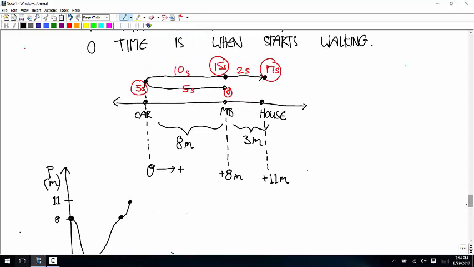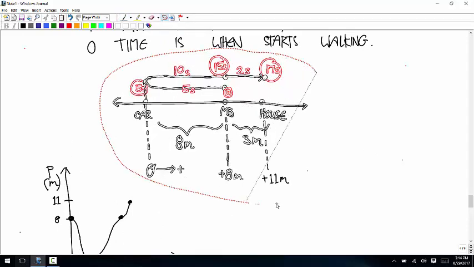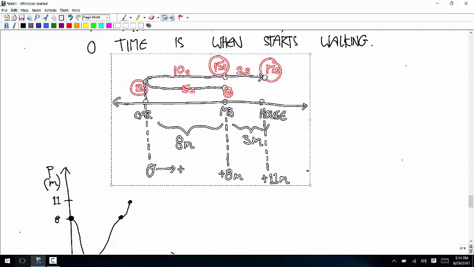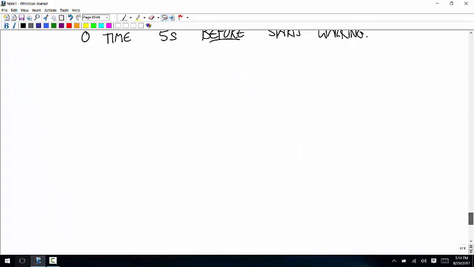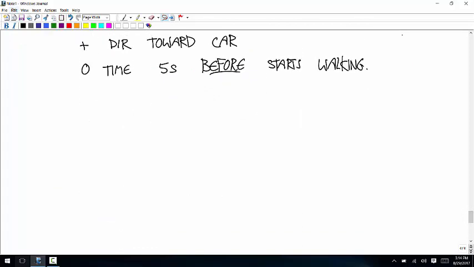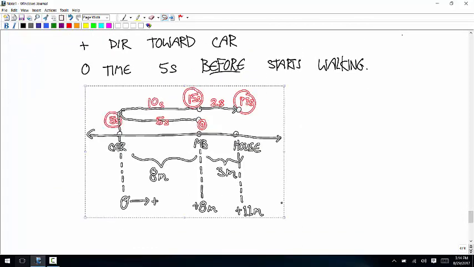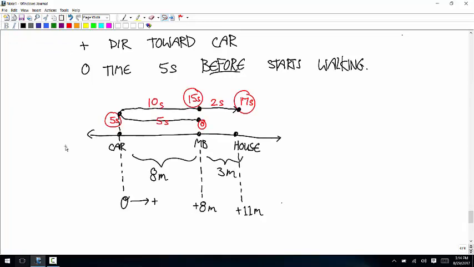And I'm going to take the same picture and I'm going to use everything that is still good in this new example. Okay, so I have to erase some stuff.